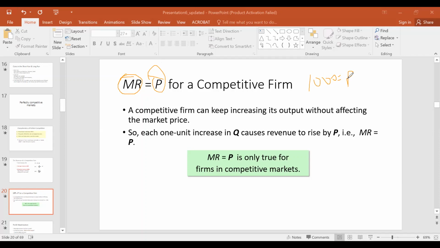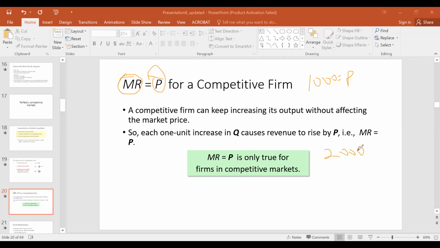When I sell this one laptop to Michael, the additional revenue from selling this additional unit is 1,000. I've just received the price. When I sell the second laptop to Amma, so I've sold 2 laptops, now I've made 2,000.